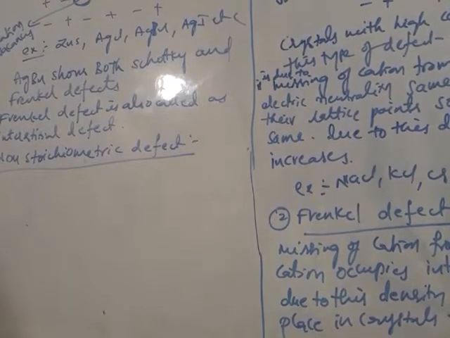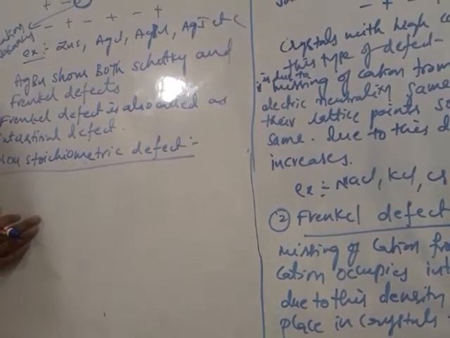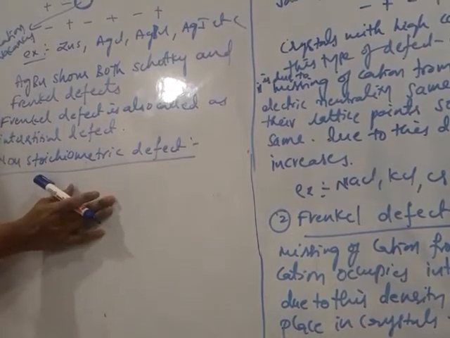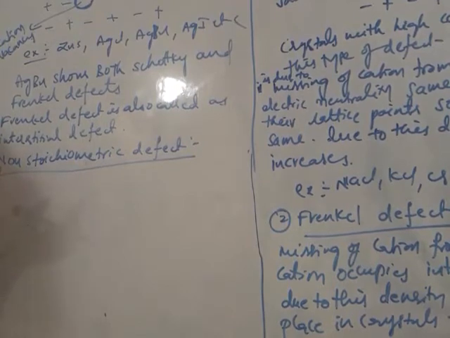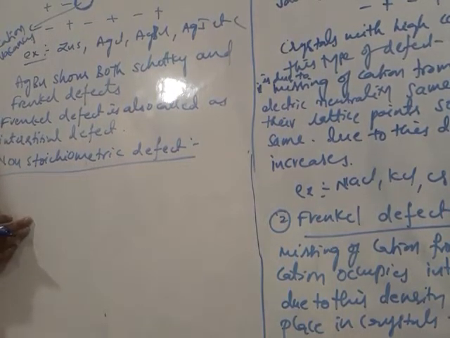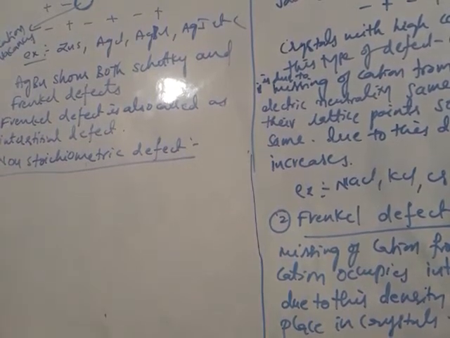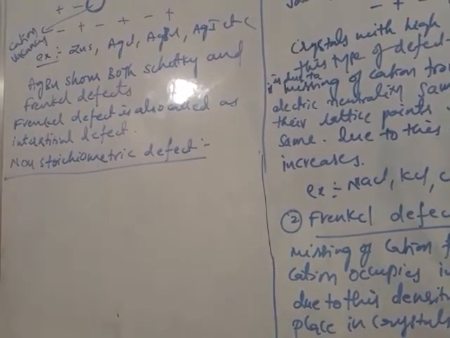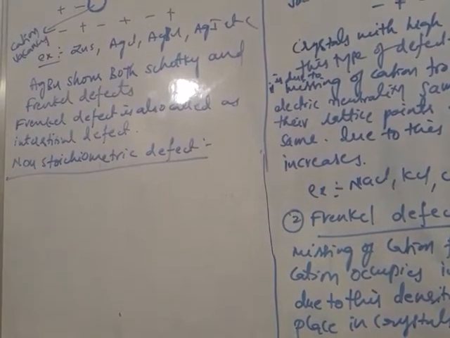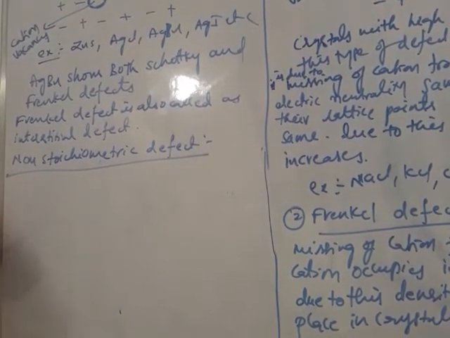Generally they are of two types: metal excess defect and metal deficiency defect. Metal excess defect is again of two types: metal excess defect due to anion vacancy and metal excess defect due to cation vacancy. Then one more is metal deficiency defect.